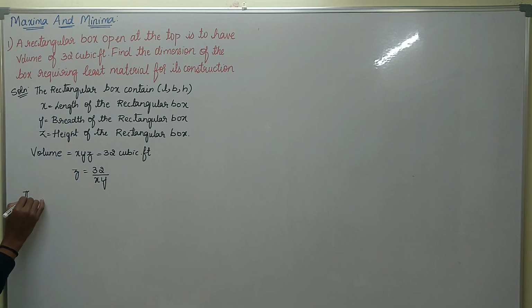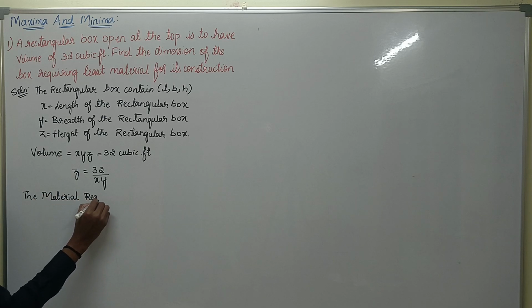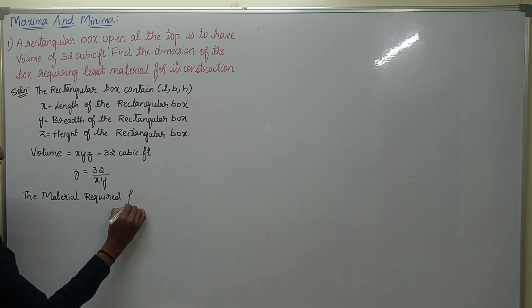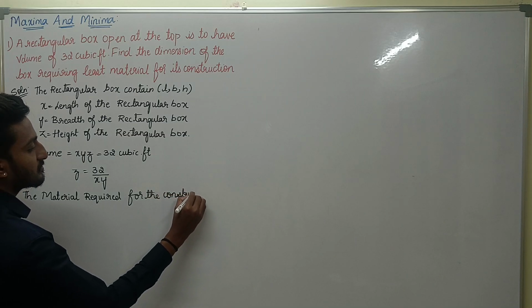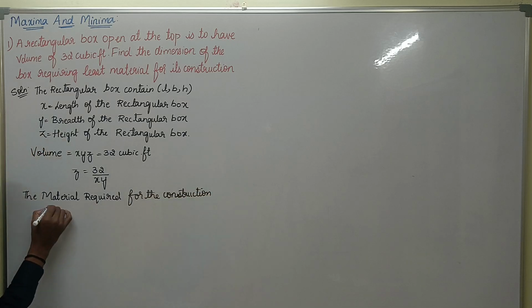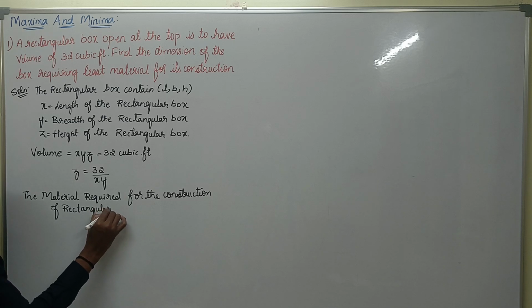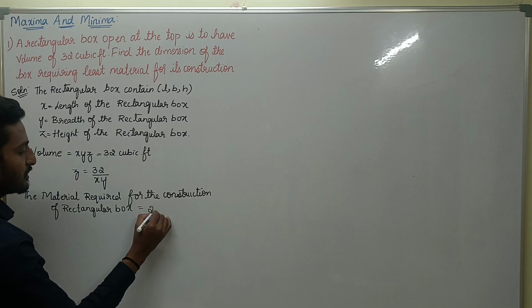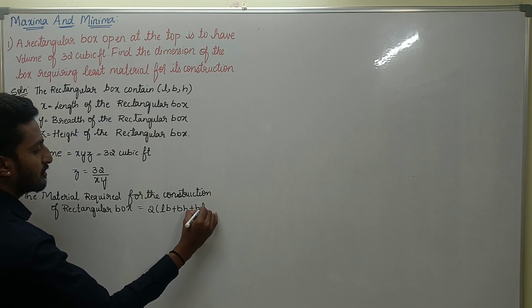The material required for the construction of the rectangular box is given by 2 into length into breadth plus breadth into height plus height into length.